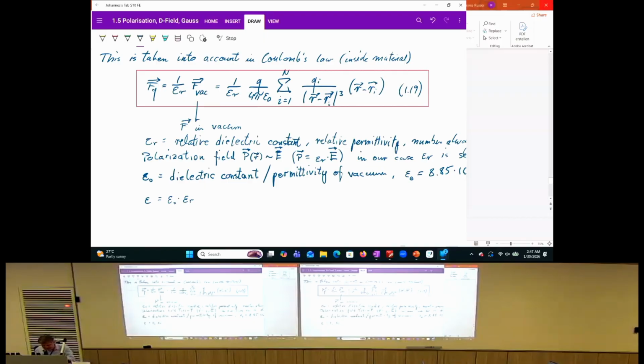So this here is the absolute permittivity, the epsilon. It is also the dielectric constant, but in this case not of vacuum, but of the material.